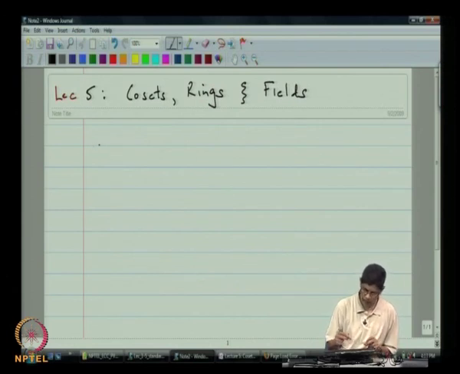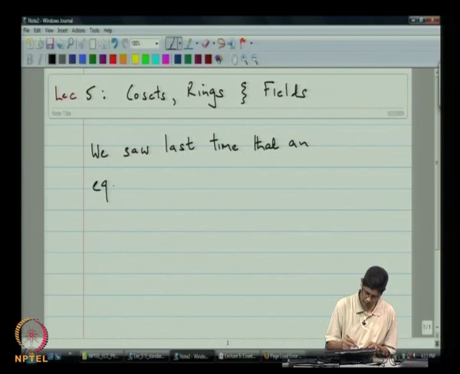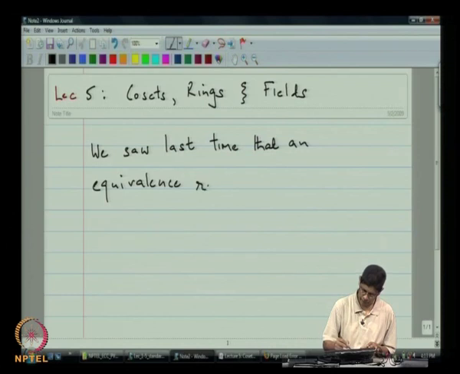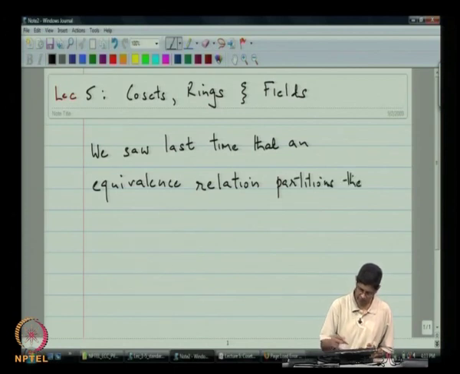So, first a quick word about equivalence relations. We saw last time that an equivalence relation partitions the set.